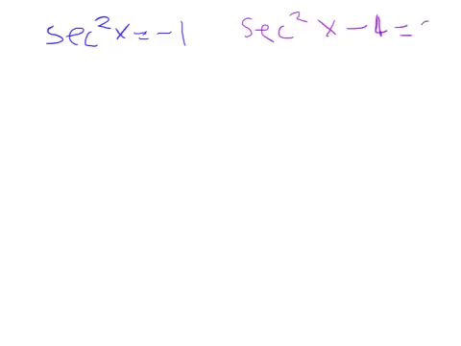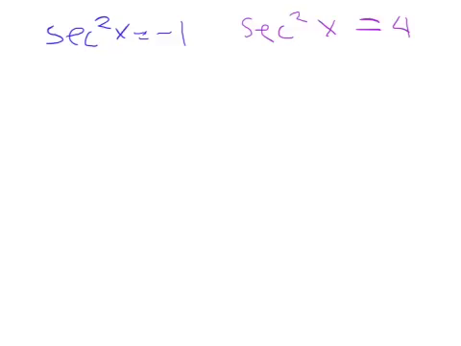So you have secant squared x equals negative 1, and you have secant squared x minus 4 is equal to 0. Actually, we were going to make that secant squared x is equal to 4.